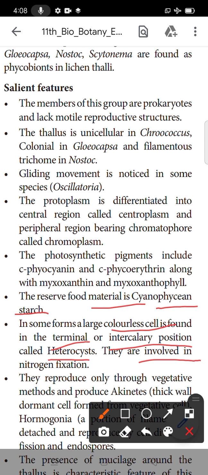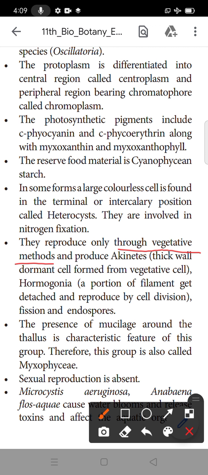They reproduce only through vegetative methods and produce akinetes. The akinete is a thick-walled dormant cell developed from a vegetative cell. Hormogonia are portions of the filament that get detached and reproduce by cell division, fission and endospores.